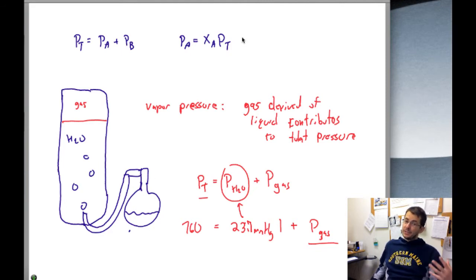When we're capturing gases over water, we just need to correct for that, effectively subtracting out the contribution of the water from the total pressure. Minor correction, but non-negligible. It can alter our results.